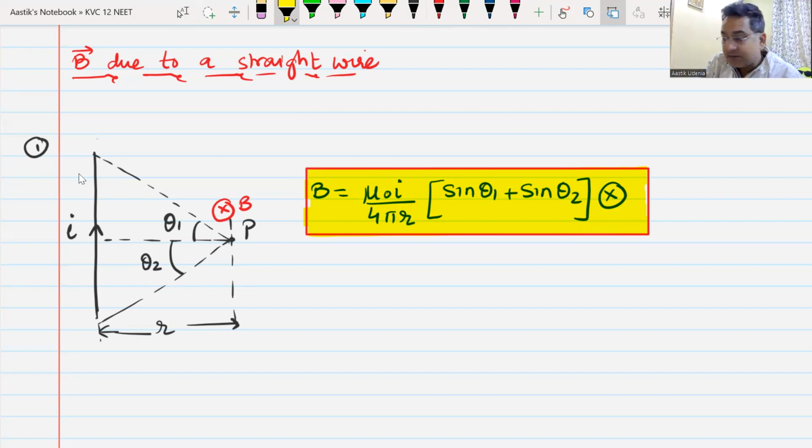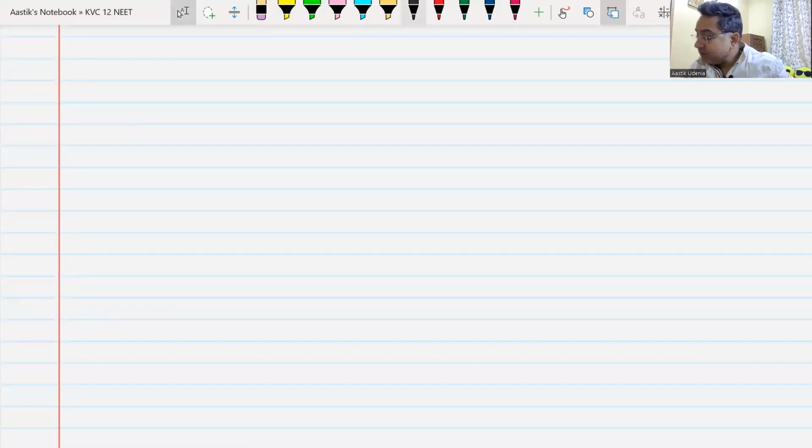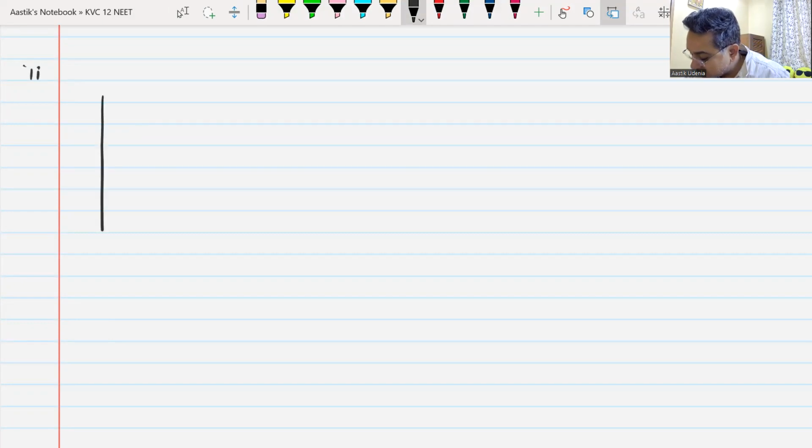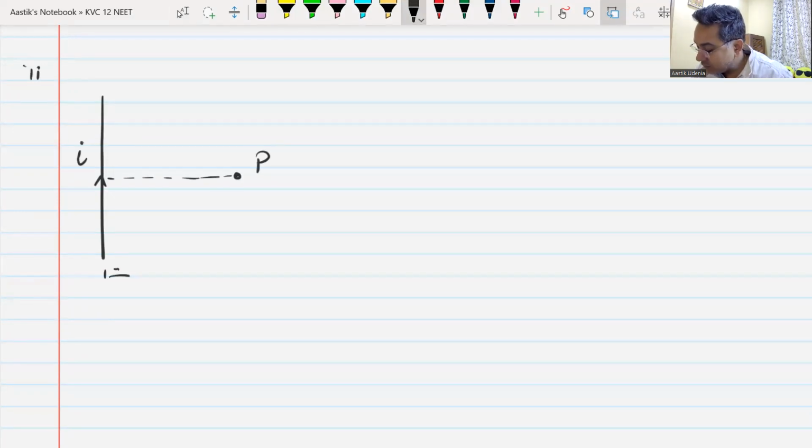Now the next case comes where you will have both the angles equal. So this will be on the perpendicular bisector. Current is I and the distance of this point is R, and now you have both the angles same.